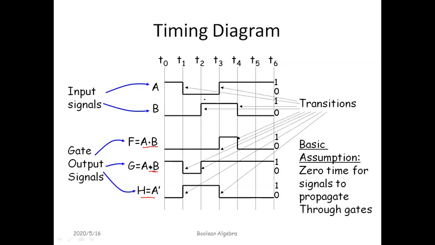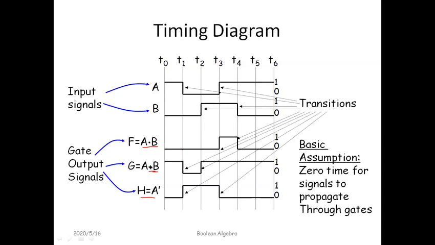Then we come to the period from 2 to 3. Signal A is still low, but at 2, signal B transitions from low to high. So signal A is low from 2 to 3 and signal B is high from 2 to 3.